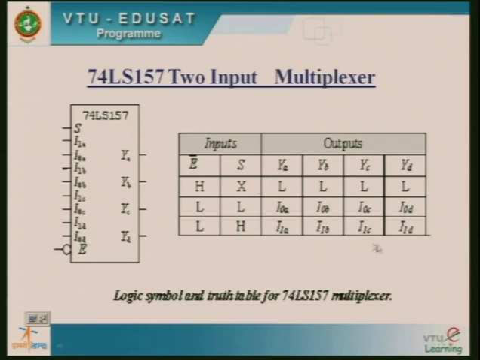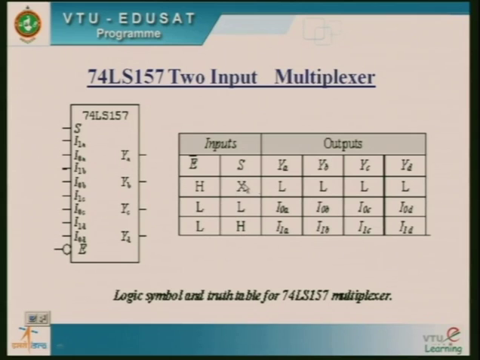The other set of inputs is passed when the selection line is high. So at the output side you will get I0A, B, C and D, or I1A, B, C and D, based on selection line 0, selection line 1, and enable as active low.